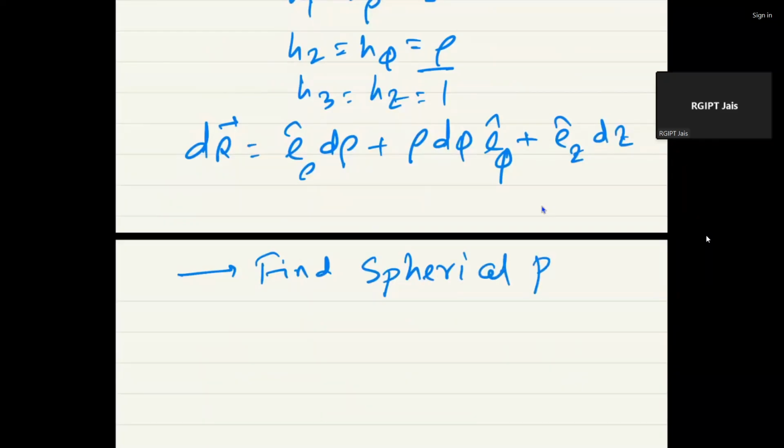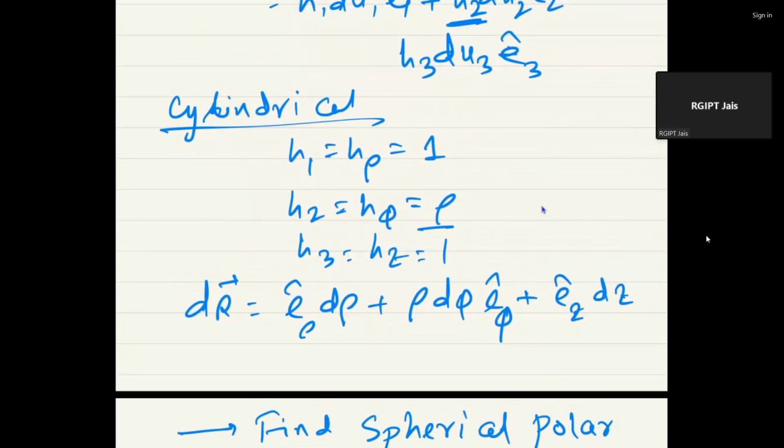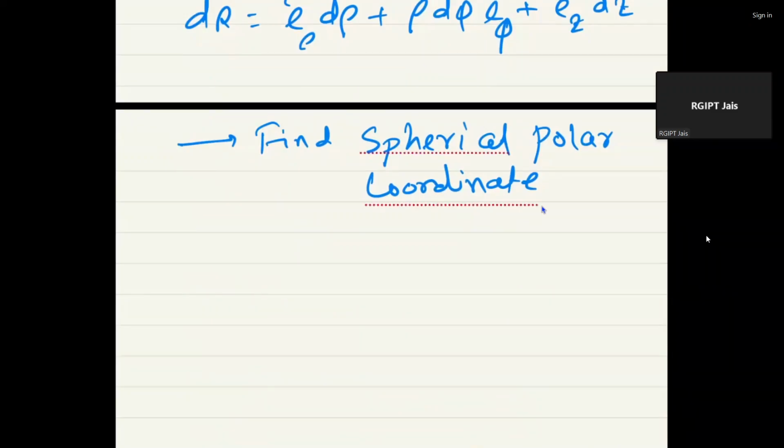In spherical polar coordinates, what will be the value for the infinitesimal displacement if you know h1, h2, and h3? And then what will be the arc length?